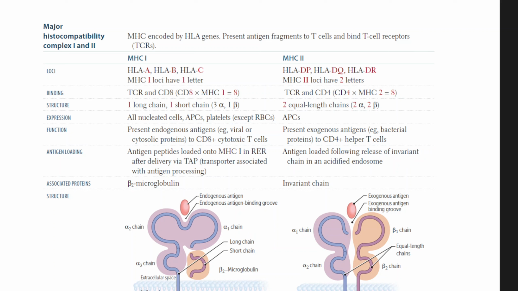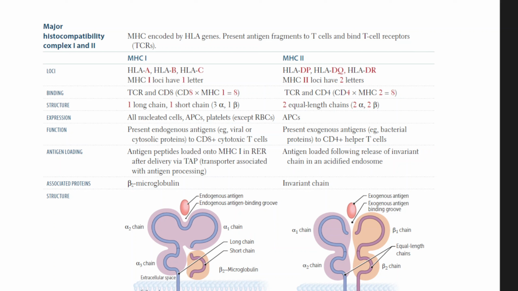So antigen presenting is a crucial process in the immune system where antigen presenting cells display fragments of antigens, like proteins from pathogens or their surface, allowing T cells to recognize them and initiate an immune response.